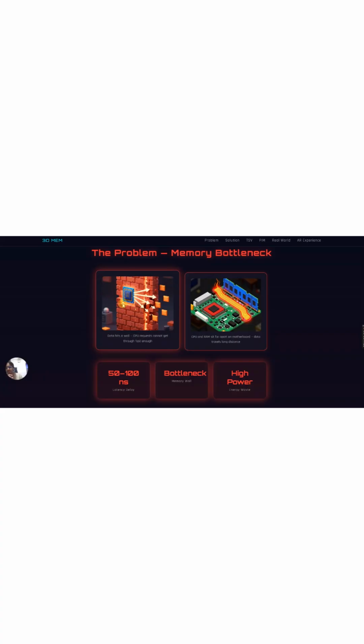The CPU is very far away from the RAM memory. When data travels from the CPU to the RAM memory, it takes a latency delay of 50 to 100 nanoseconds. You might think 50 to 100 nanoseconds is a very small amount of time. Would it make any change?